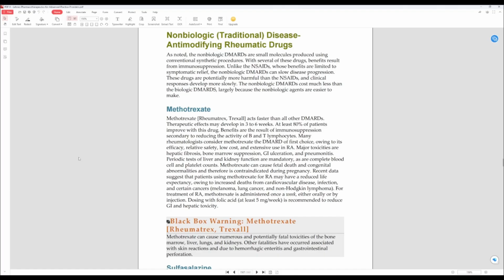Unlike the NSAIDs, whose benefits are limited to symptomatic relief, the non-biologic DMARDs can slow disease progression. These drugs are potentially more harmful than NSAIDs, and clinical responses develop more slowly. The non-biologic DMARDs cost much less than biological DMARDs, largely because the non-biologic agents are easier to make.